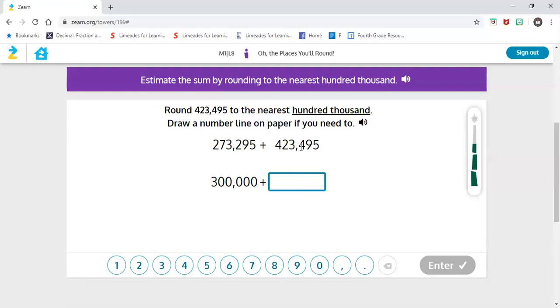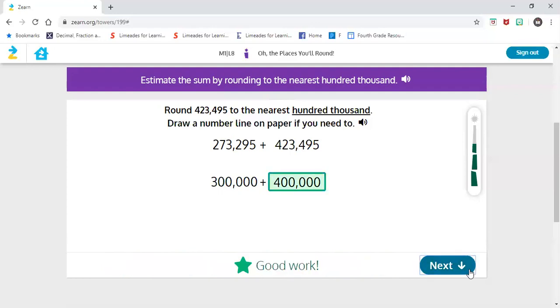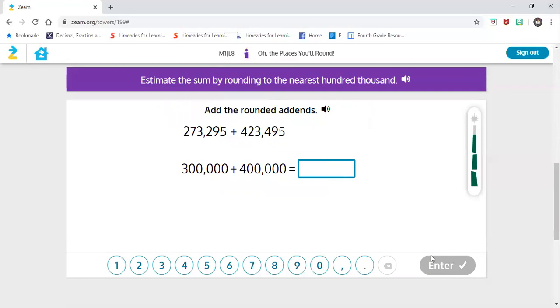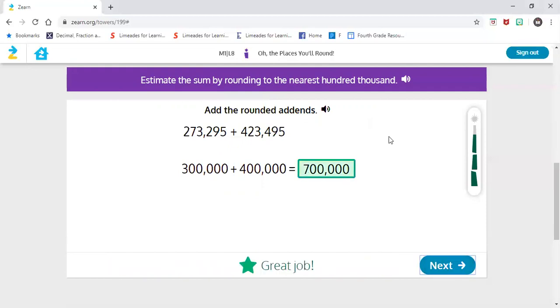And that number behind it is a 2. 2 is less than 5, so that 4 is going to stay the same, and that's going to be 400,000. And remember, it says sum, which means I'm adding. 3 plus 4 is 7. So 700,000. Good job. All right, good job.